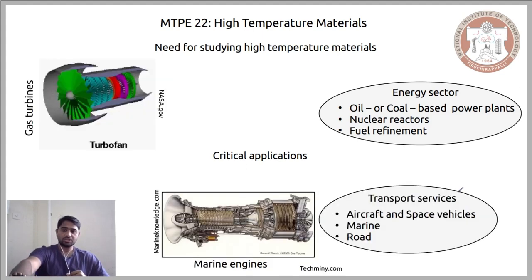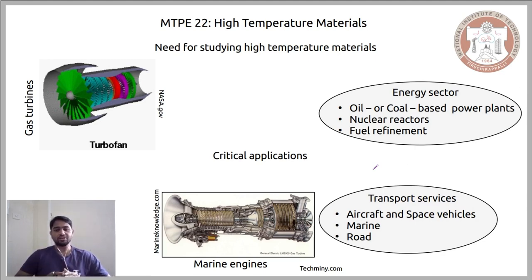These include transport services. Historically, more than the energy sector, it is claimed that transport services are one area which propelled the research on high temperature materials. These transport services are not just confined to road services; they include aircraft, marine and road, and in all these services, irrespective of the mode of transport, high temperature materials are involved.